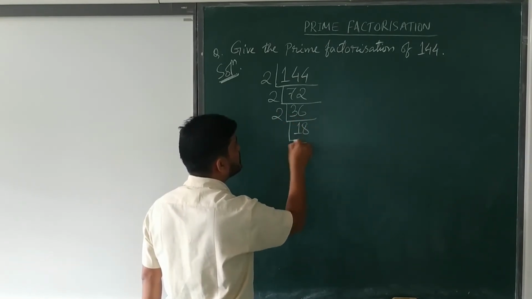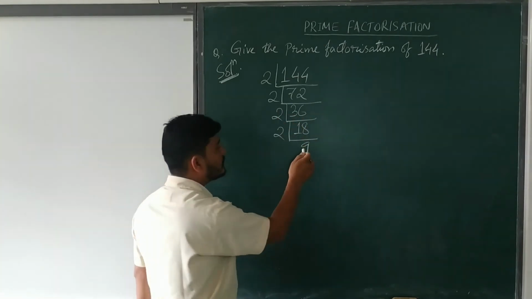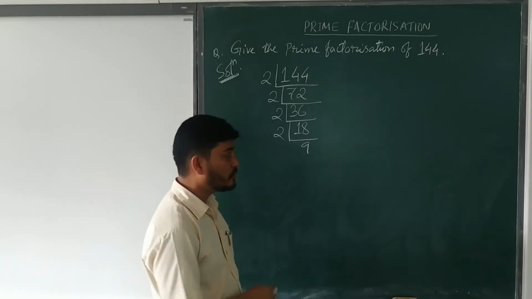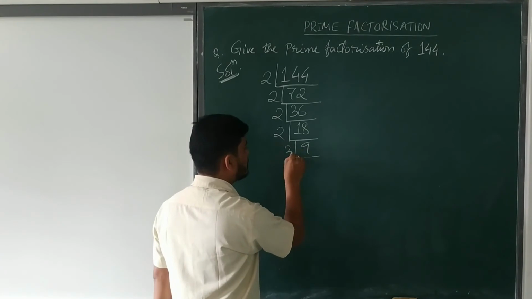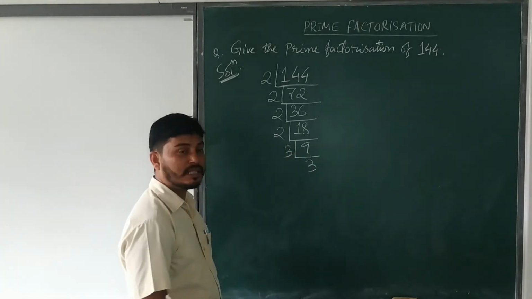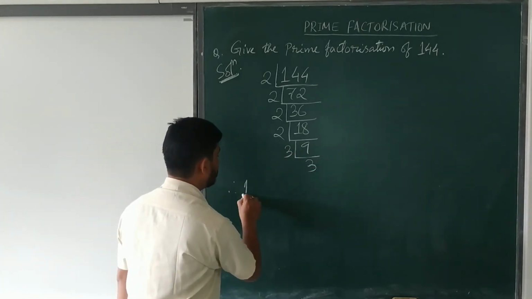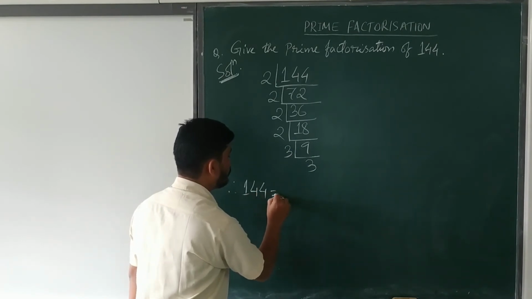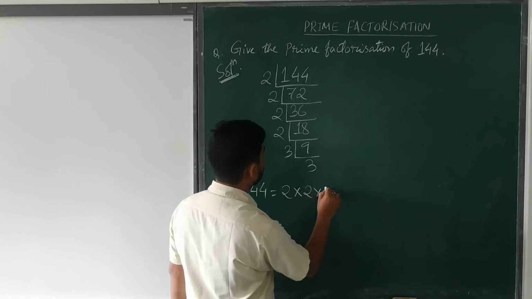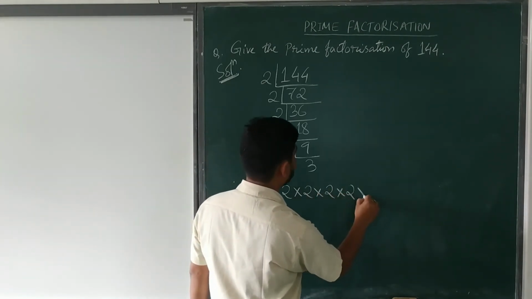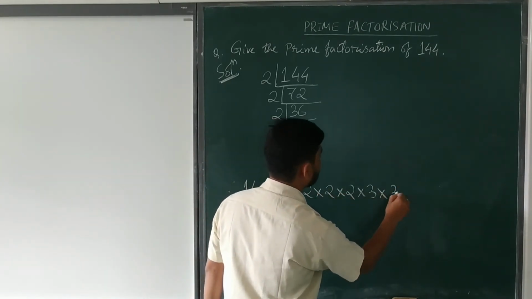2 18s, 2 9s. Now 9 is not an even number, so we proceed to the next prime number, that is 3. 3 3s are 9. So therefore 144 can be factorized as 2 into 2 into 2 into 2 into 3 into 3.